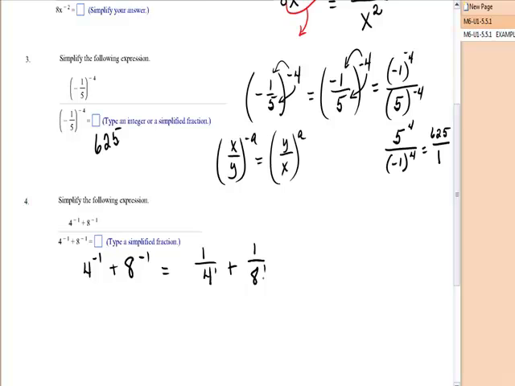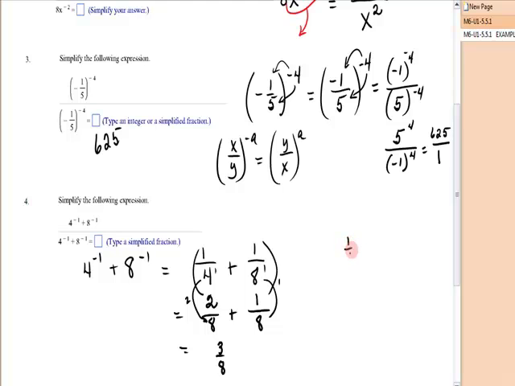To add two fractions together, I have to get a common denominator. The common denominator will be 8. So this is some 8s, and this is some 8s. 4 goes into 8 2 times, and 2 times 1 is 2. 8 goes into 8 1 time, and 1 times 1 is 1. Add those together for 3 8s.